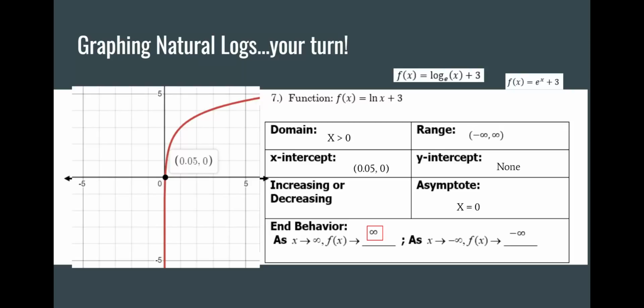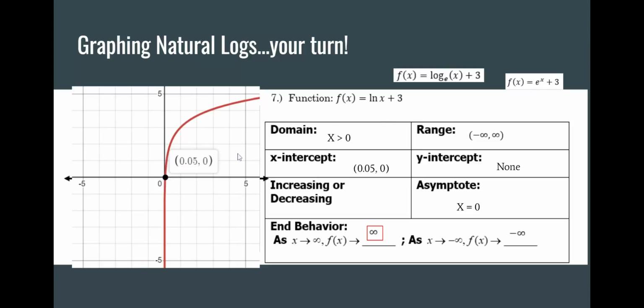So that translation is going to be a vertical translation. To rewrite the natural log of x plus 3, we have log base e of x plus 3. The exponential function view of our log base e of x plus 3 is e to the x plus 3.